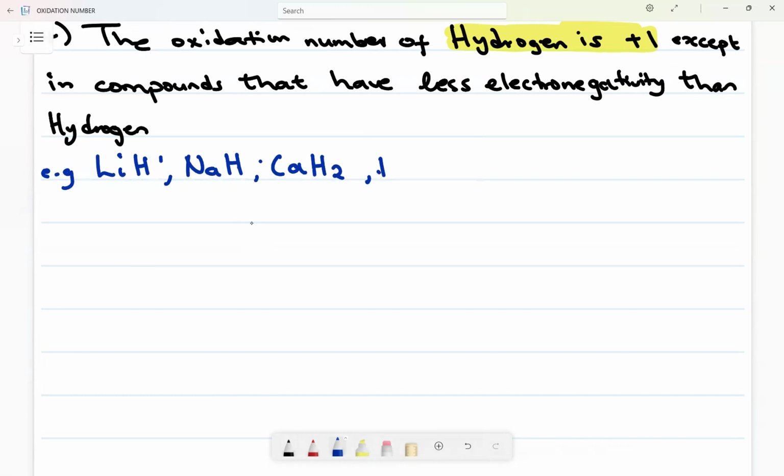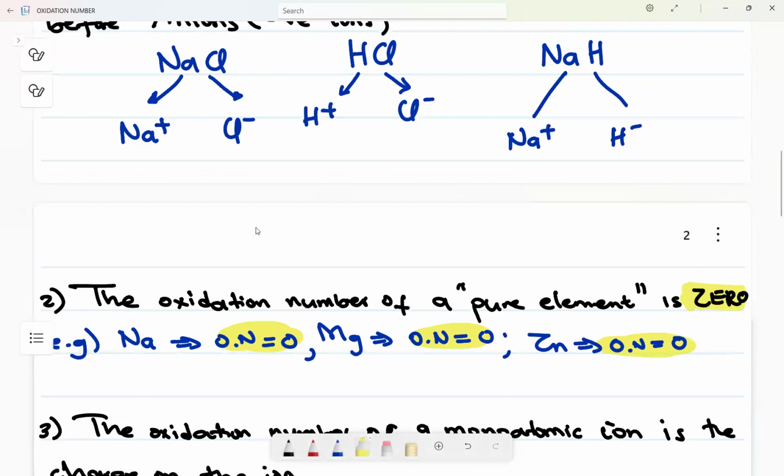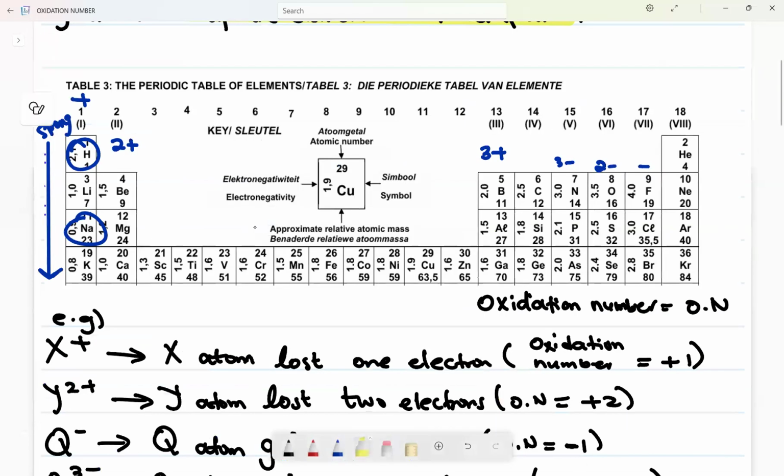Then the oxidation number of what? The oxidation number of hydrogen is -1. This is an exception. Okay, so let's consider. Can you see?